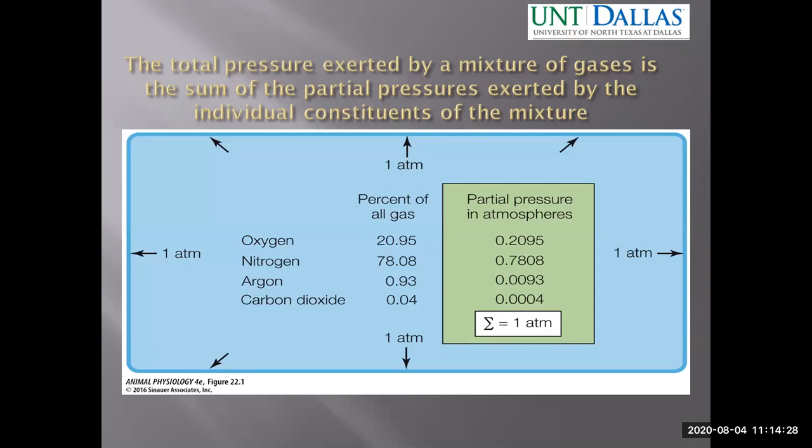One more point I want to add is that the respiratory gases, oxygen and carbon dioxide, move from place to place principally by two mechanisms. One is simple diffusion, and the other is convection, or bulk flow.